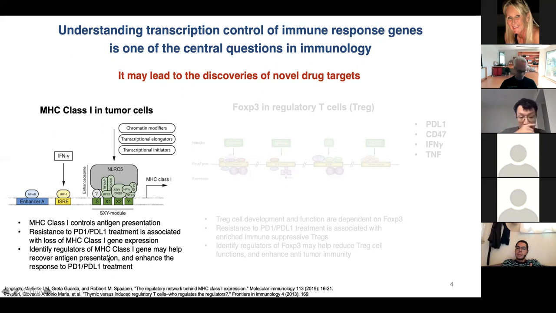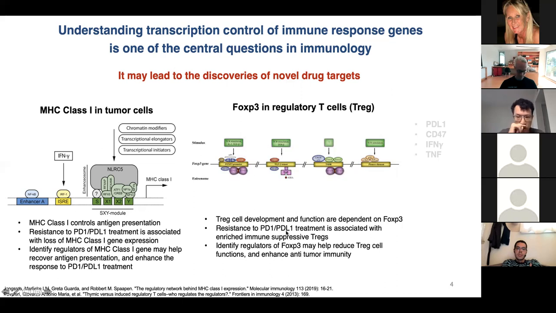The key idea is that if we can find potential regulators that can activate MHC class I gene expression, then we can potentially recover antigen presentation and therefore enhance anti-tumor immunity.